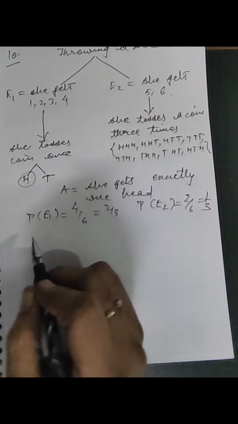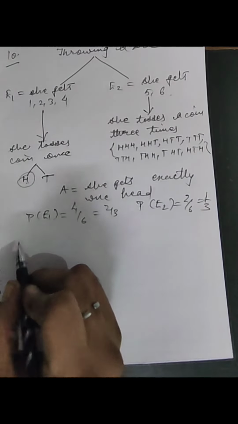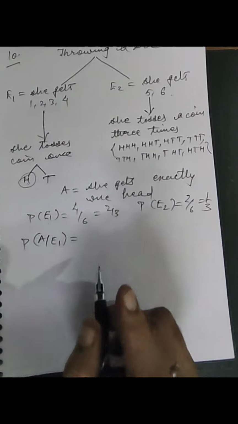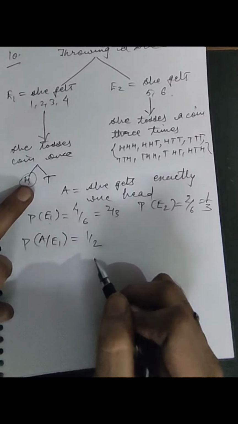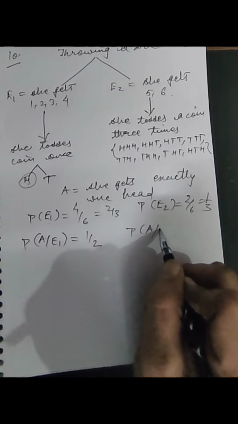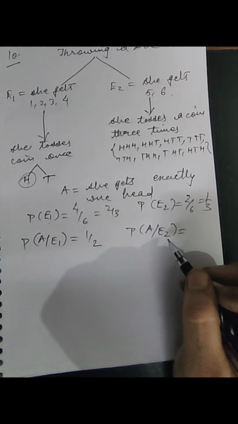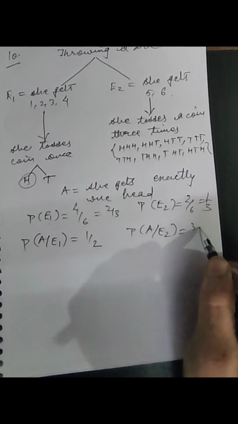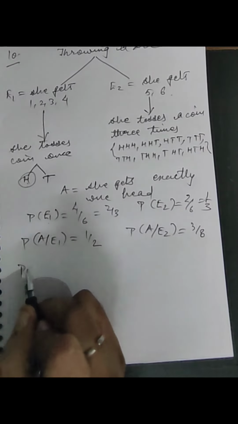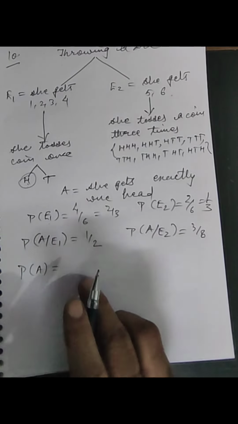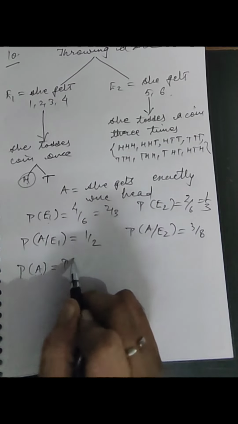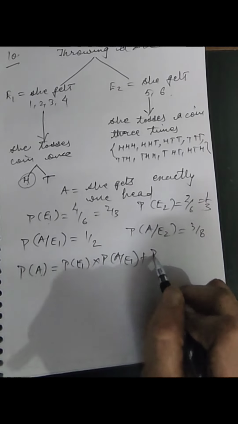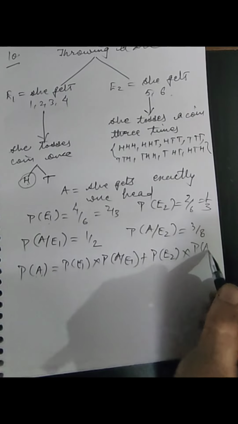Now she gets exactly one head. In the case when E1 occurs, the conditional probability of A, exactly one head in the case of E1, is simply 1 by 2, only one head. And the conditional probability of A given E2 is 3 out of 8, since there are 3 outcomes with exactly one head. So using total probability we can find the probability of one head: probability of E1, conditional probability of A on E1, then probability of E2, then conditional of A on E2.